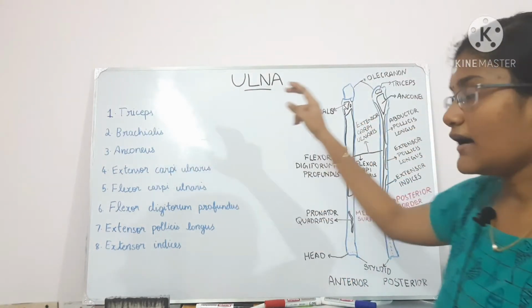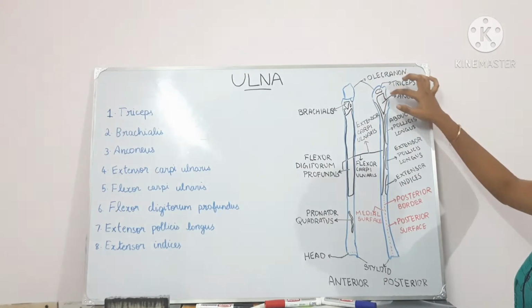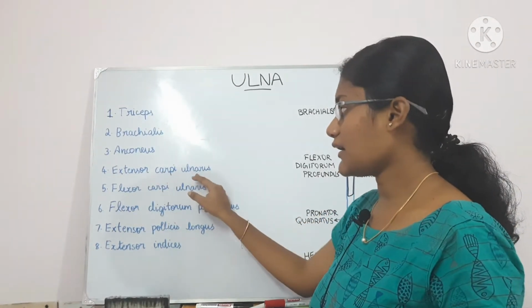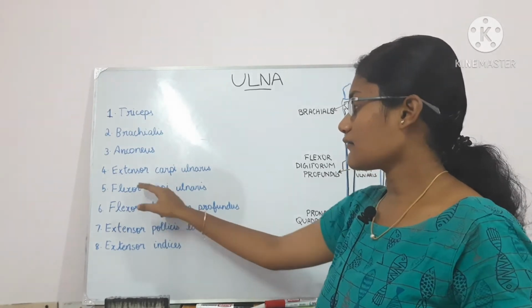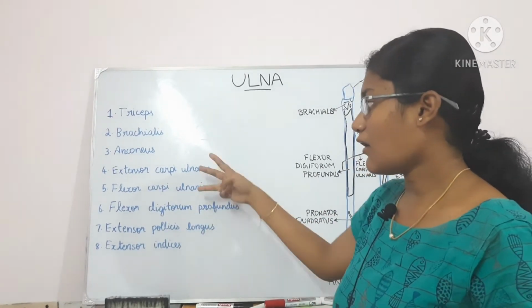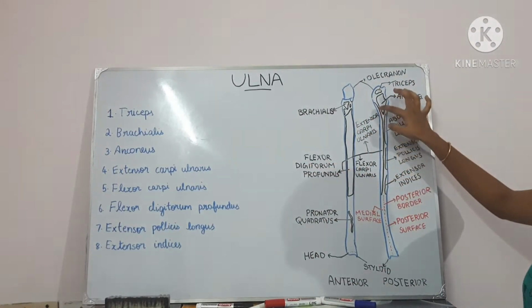The anconeus is again present on the olecranon process on its lateral aspect of the posterior surface. And then the flexor carpi ulnaris, extensor carpi ulnaris and flexor digitorum profundus, all three are present over here, this part.